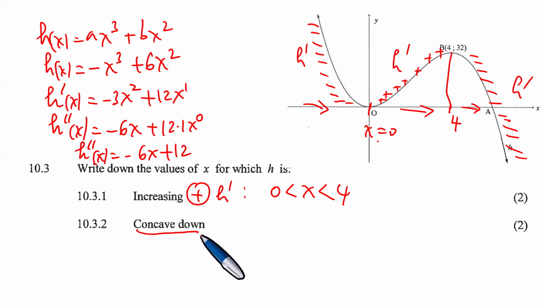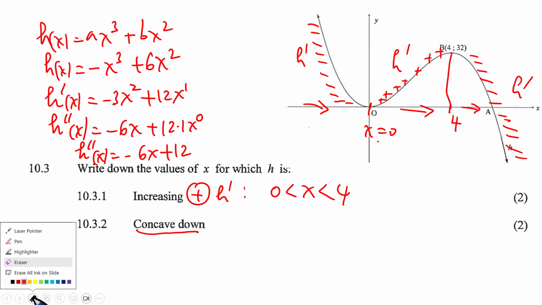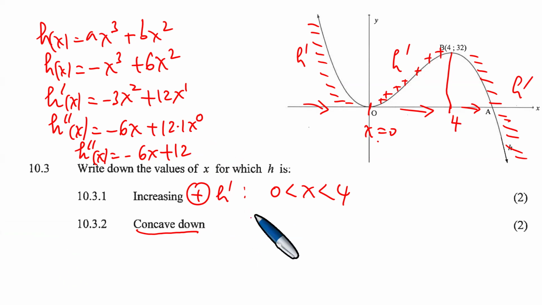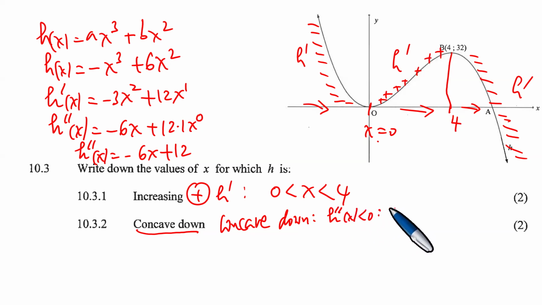Concave down means what? I want to write it step by step. So in question 10.3.2, you write concave down. Concave down would mean, therefore, that h double prime of x is negative, which means that minus 6x plus 12 is negative.